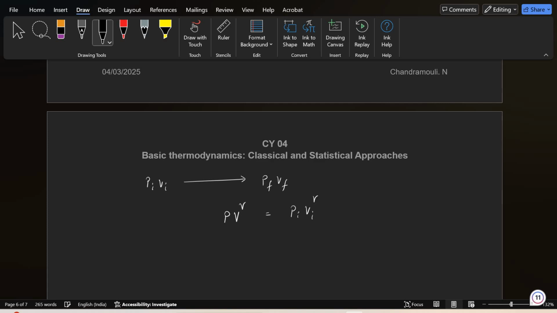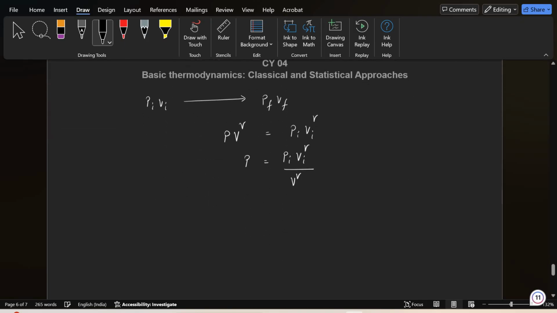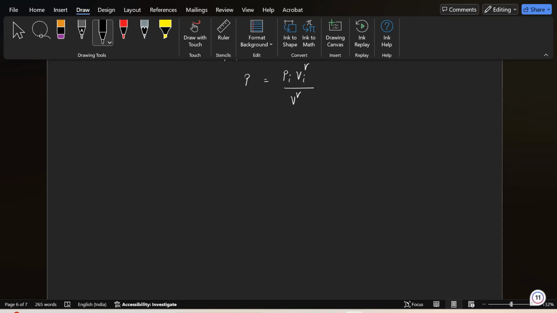This is what is given in the problem. So we'll write P in terms of known values: PI VI to the power gamma, divided by V to the power gamma. This is our new P value, so we'll substitute this in the integral.